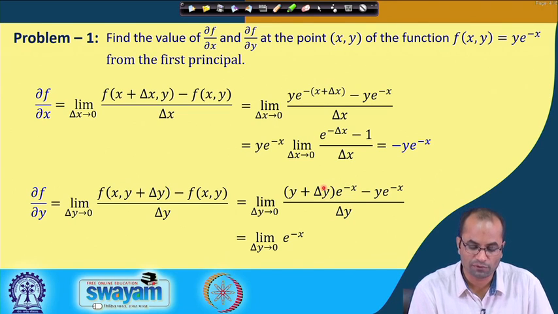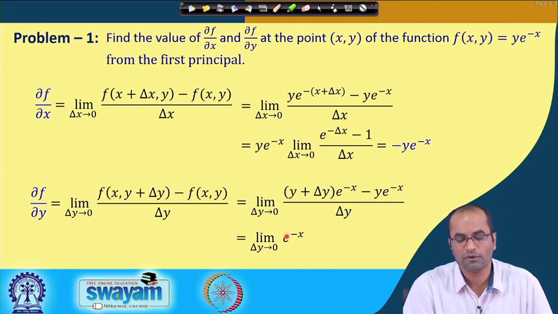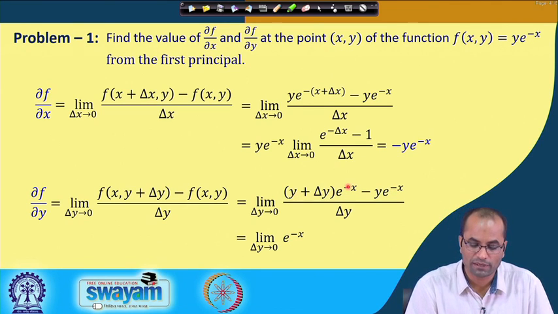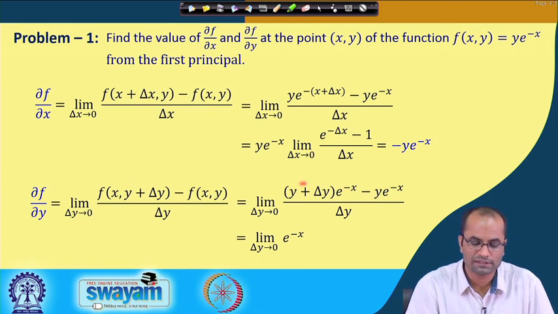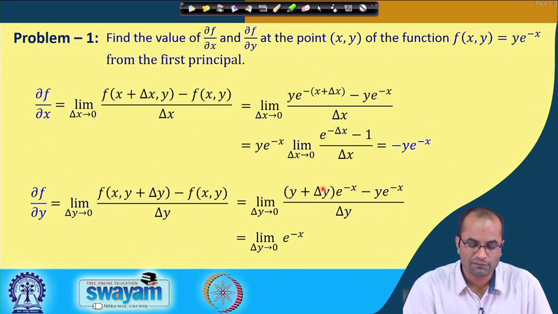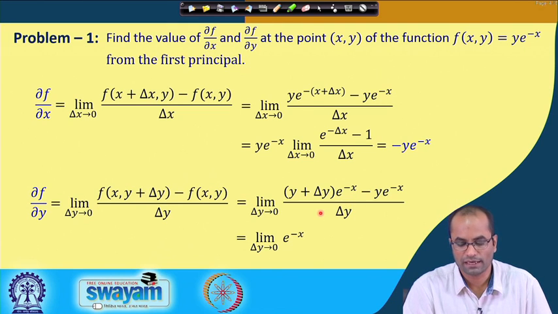So, the delta y also cancels out, and we get only e power minus x. There is no delta y term here, so this is just e power minus x.